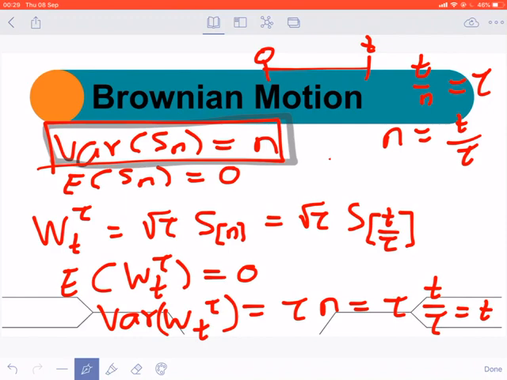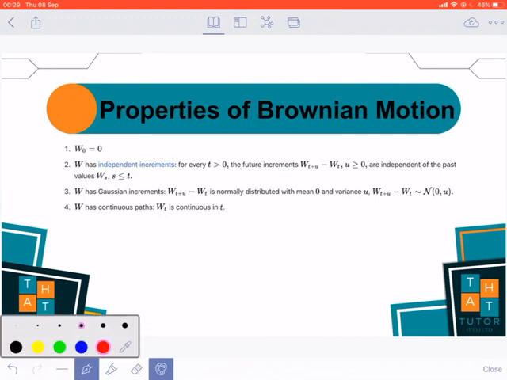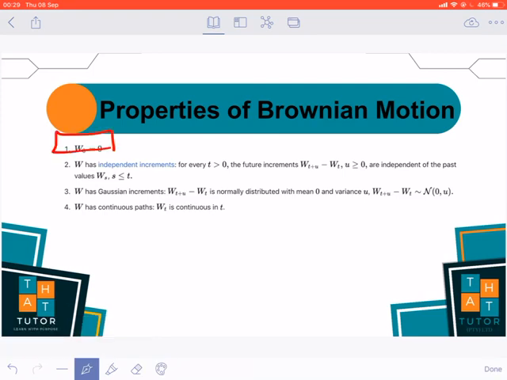So now, the next thing that we can learn about this Wiener process is that a Wiener process should always start at 0. We always think and believe that it's going to start at the origin.